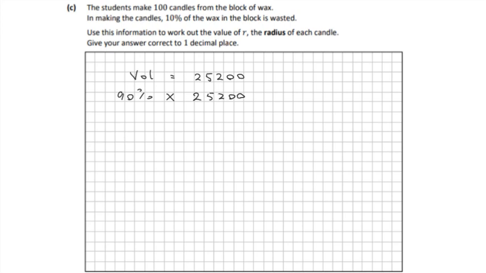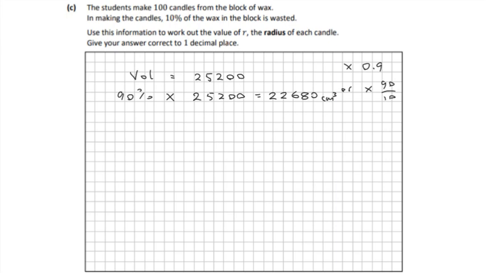So it's the same as multiplying by 0.9 or multiplying by 90 over 100. Okay, and we're going to get a value of 22,680. Okay, again, centimeters cubed. So that's what's going to be available.